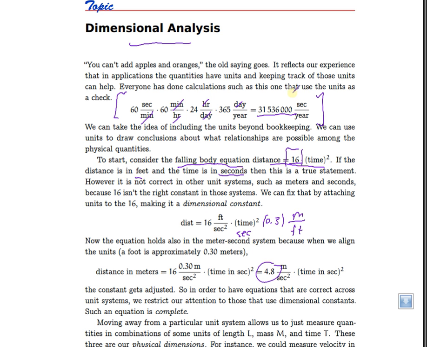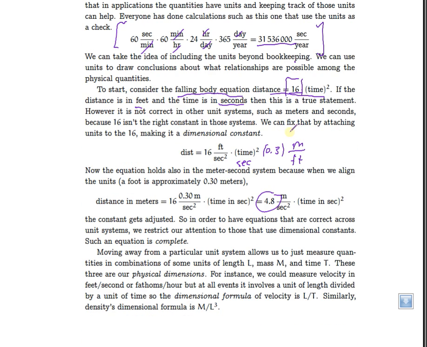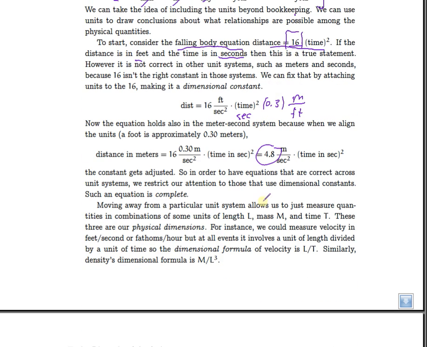Okay. Now, units refer to various physical quantities. For instance, feet measures length, grams measures mass, seconds measures time. Okay. So if we want to describe a certain quantity and we don't want to fix ourselves to a particular system of units, we can describe the type of physical dimensions that this quantity depends on.